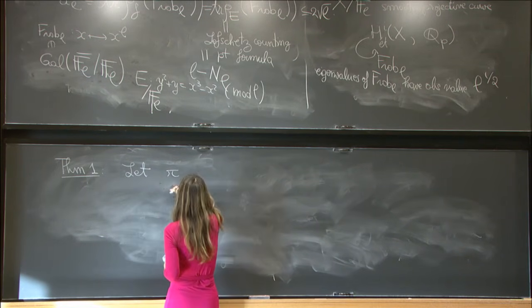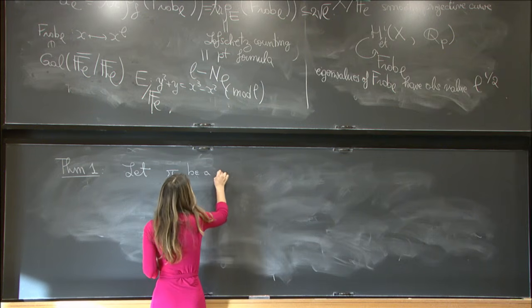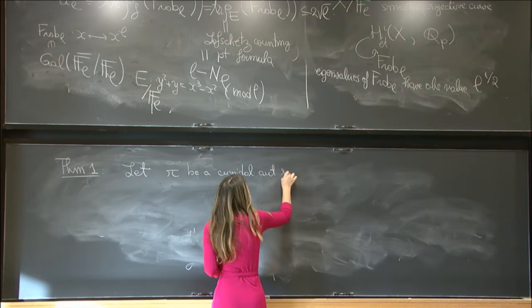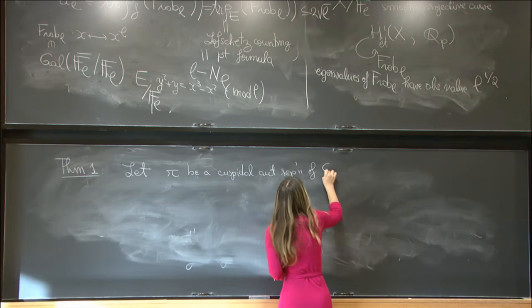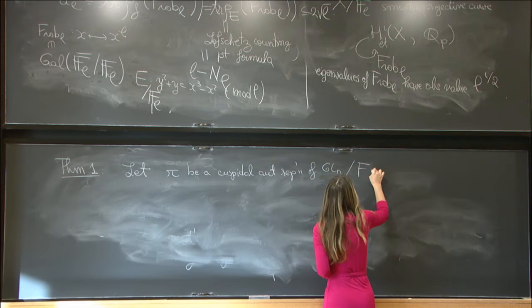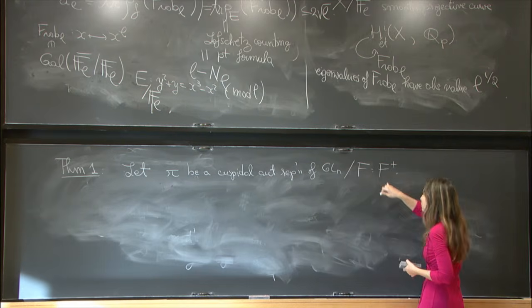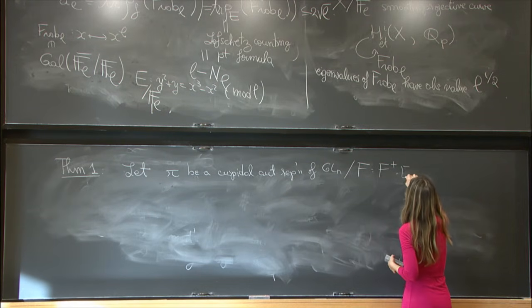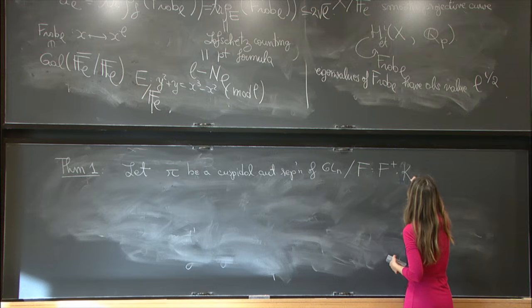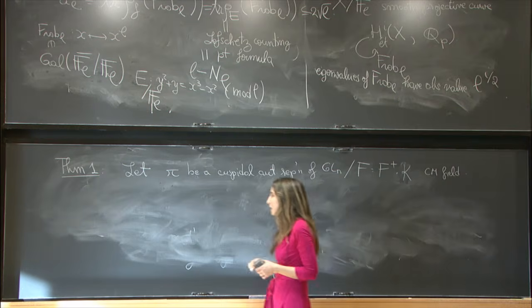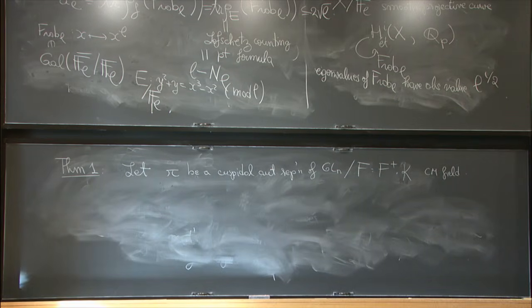I'll take pi to be a cuspidal automorphic representation of GLn, let's say over some F, which is a CM field, so the composition of a totally real extension of Q with an imaginary quadratic extension. This is going to be a higher dimensional generalization of this notion of a modular form.